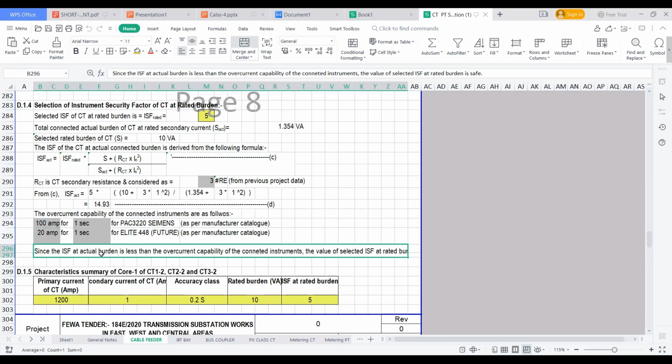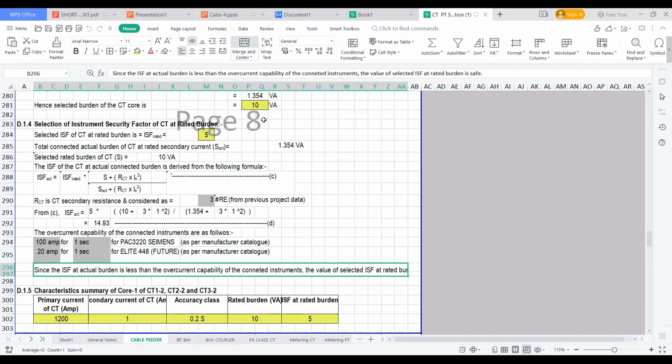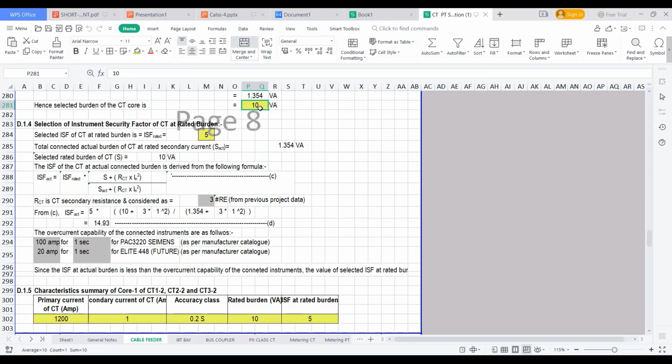So the ISF at actual burden is less than the overcurrent capability of the connected instruments. So the ISF for this one is safe. You can select up to 10 VA. Suppose I select 15 VA burden, then it would be 20. You cannot, because this equipment will be damaged. So it is limited to 10 only.